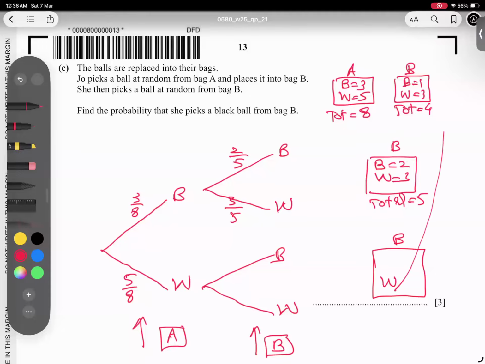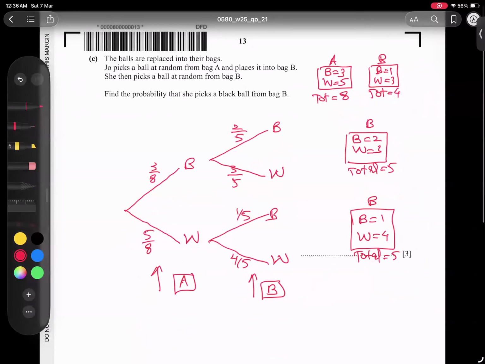White were first 3, now 3 plus 1 becomes 4. Because a white ball shifted inside, black will not change, black will remain 1. And the total, instead of remaining 4, becomes 5. And what is the chance of white? 4 out of 5. I believe the point is very clear. And 1 out of 5 is the chance here. This diagram is very important, otherwise it is very hard to solve.